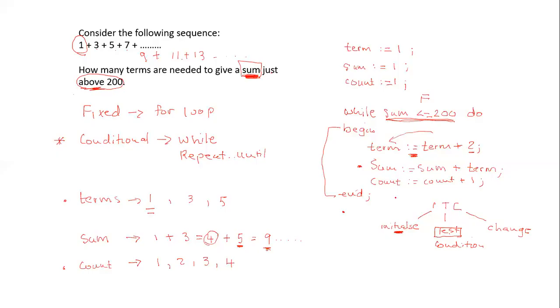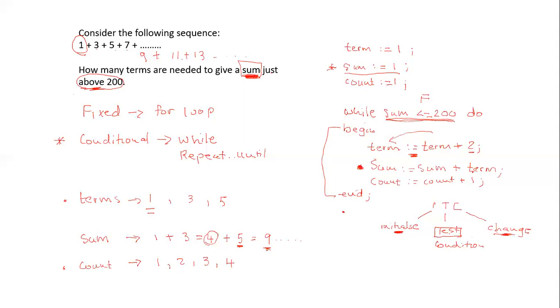So we initialize it. So if we're testing sum, somewhere before the condition, sum should be getting a value. So sum is initialized. We then test it. And finally, you must then change the value of your variable in the condition. In this case, it's sum, and we are changing its value here.